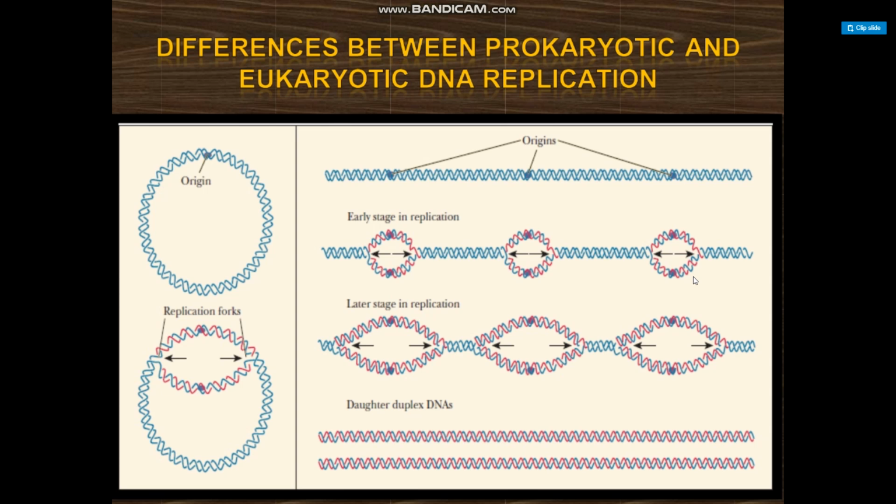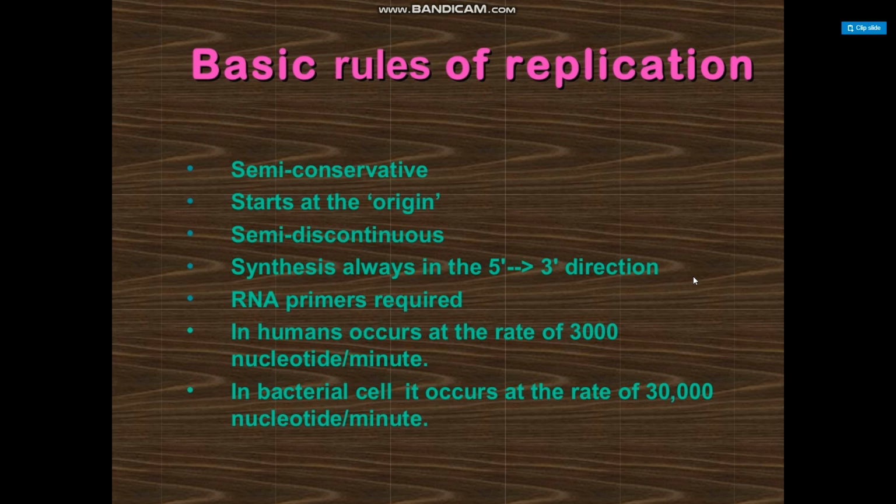Difference between prokaryotic and eukaryotic DNA replication; here we are showing it in this image. Basic rules of replication: it is semi-conservative, starts at the origin, and is semi-discontinuous, with synthesis always in the 5' to 3' direction. An RNA primer is required. In humans it occurs at the rate of 3000 nucleotides per minute, and in bacterial cells at the rate of 30,000 nucleotides per minute.